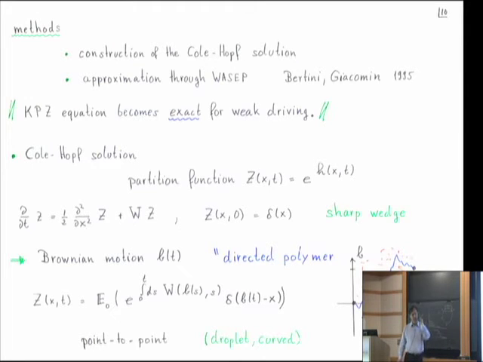That's really something which has not been understood by the physics community at all. They were always talking about the argument which I showed you, where you just add something, so it was more like another model. But the point of their observation, and I will explain this a little bit more, is that the KPZ equation should be thought of as an approximation which becomes exact in the limit of weak driving.